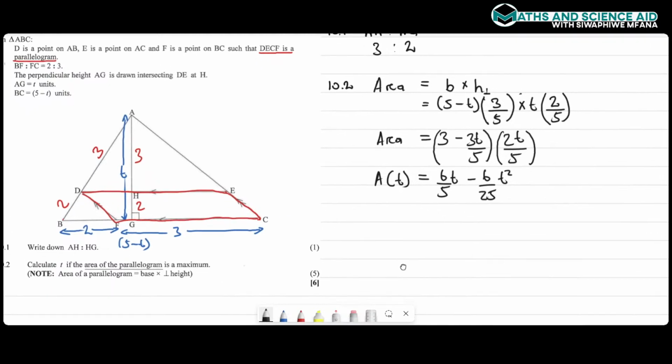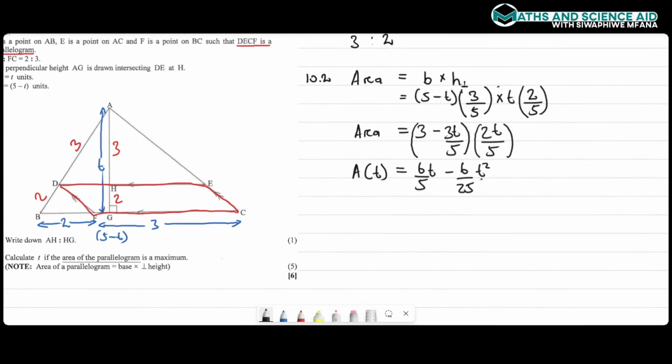And as you can see now, this equation is actually a quadratic equation, because you've got t squared and then you've got t, and clearly the constant term is just 0 here. What is important to note is that the coefficient of the t squared is negative, meaning that if you were to draw a graph of this quadratic, it would be concave downwards.